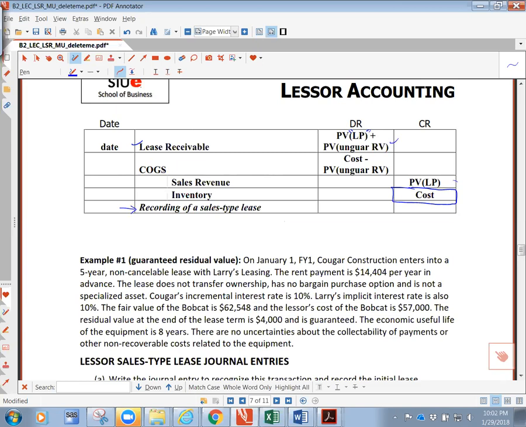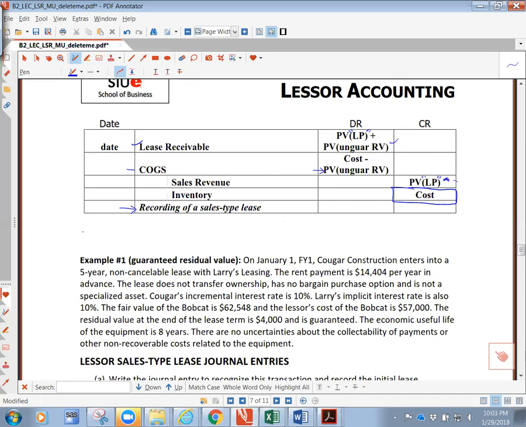And then we spoke about conceptually that cost of goods sold is the cost of the inventory item minus the present value of any unguaranteed residual value. Now, for sales revenue over here, it is technically equal to the quote "lease payments," but once again, lease payments is a specific GAAP term that includes more than you would just think of with the lease payment.